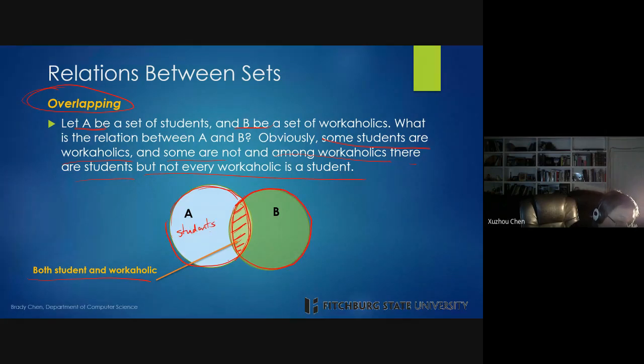And here, they're workaholics but not students. So that's the only area where they are both student and workaholic. So that's overlapping. Now that's the other relationship between two sets.